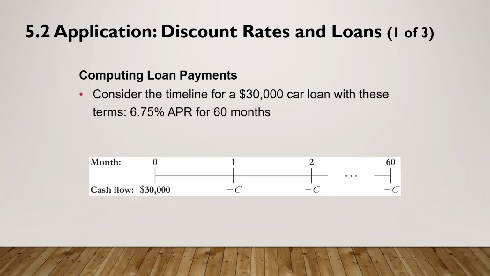Discount rates and loans. Here we are in 5.2 again. Numerous loans, including mortgages and car loans, involve monthly payments and are quoted based on an APR with monthly compounding.